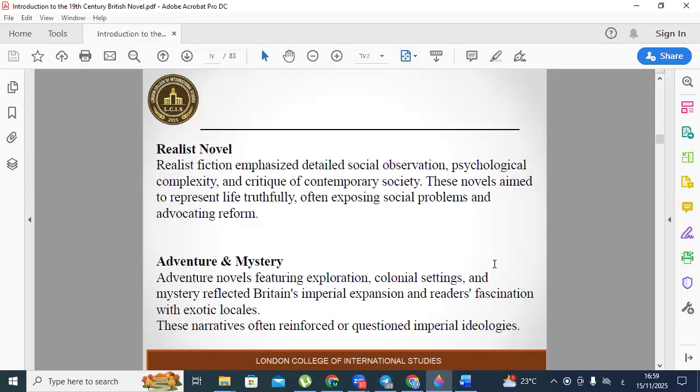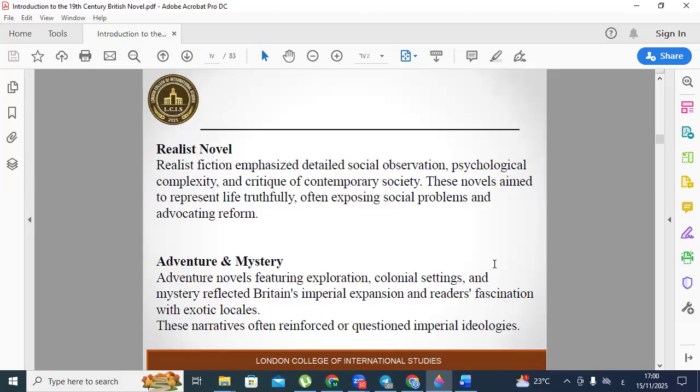Mystery fiction developed late in the Victorian period, with authors like Wilkie Collins creating sensation novels that combined mystery, suspense, and social critique. Detective fiction emerged with figures like Sherlock Holmes, offering reassurance that rational investigation could solve problems and restore order in an era of rapid change and social complexity.